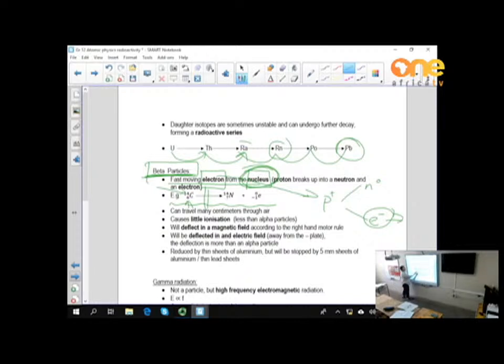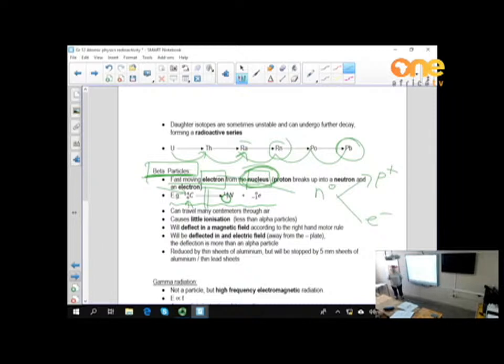So, my atomic number must increase with 1 because I gain a proton, don't I? Well, I don't gain it, but I get a proton in the nucleus. No, it's the other way around. A neutron breaks up into a proton and an electron.